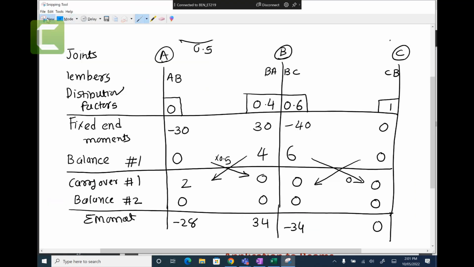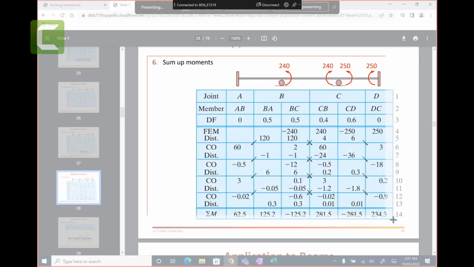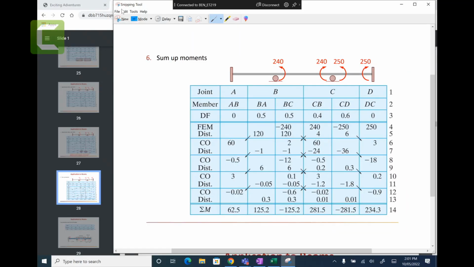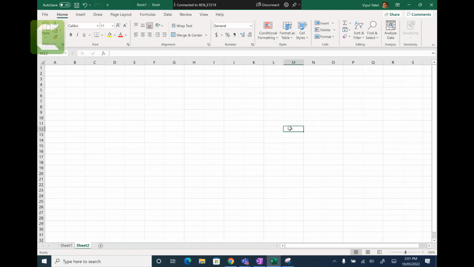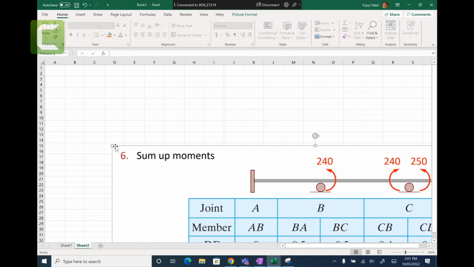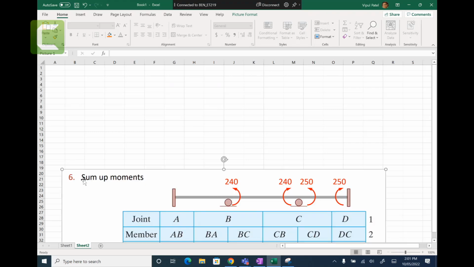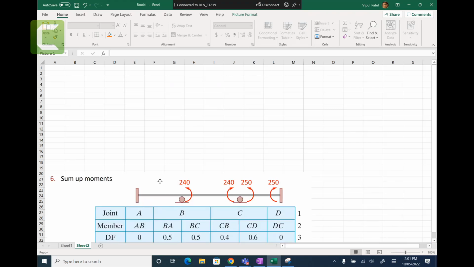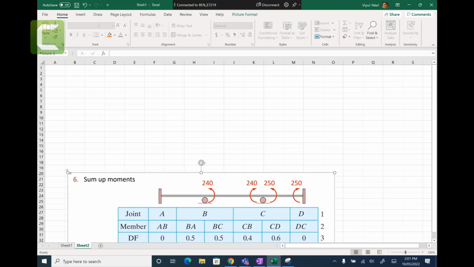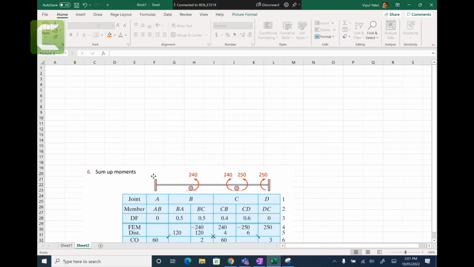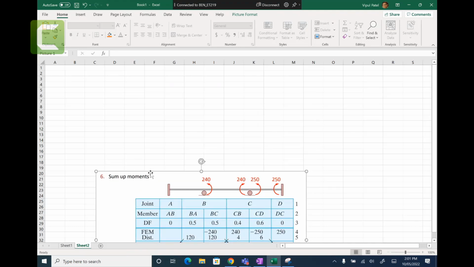Let me copy this one. Let me go to one more sheet here and put it here. All right, first thing first, you write members.